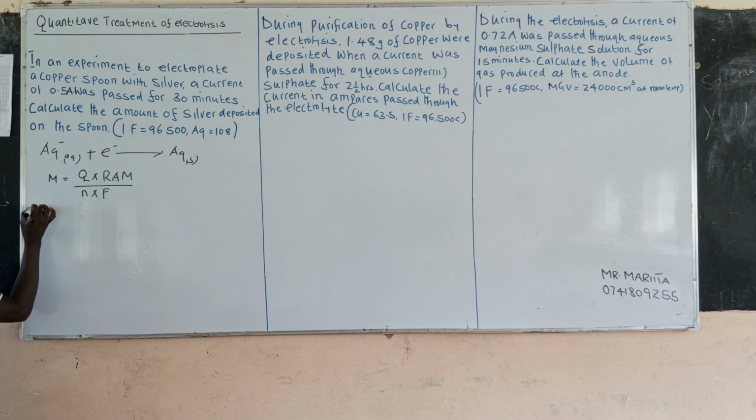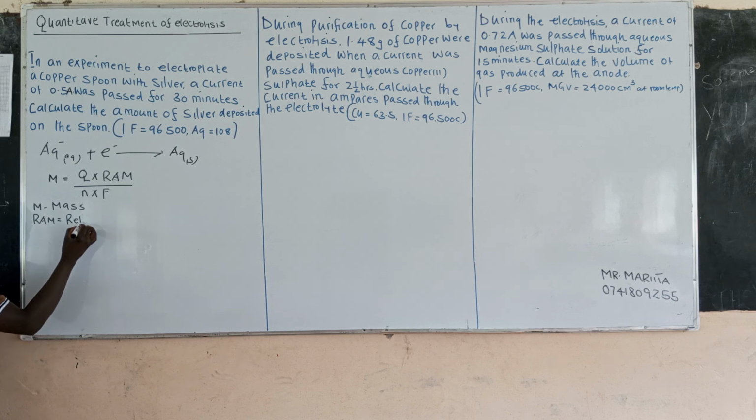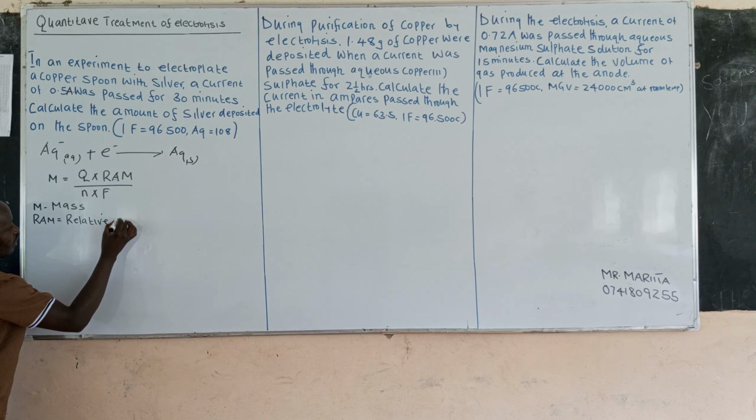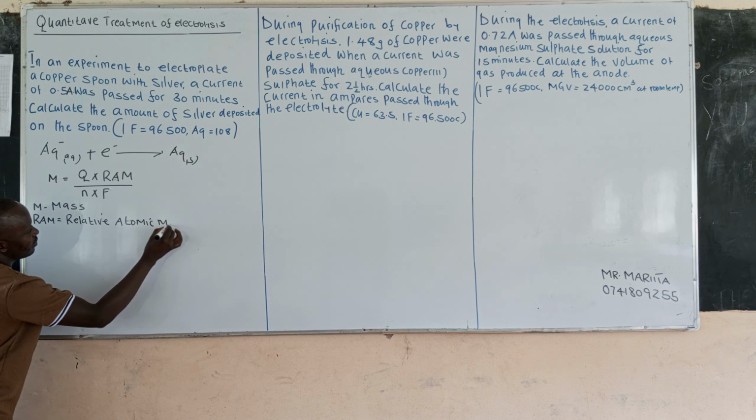So in this case M represents the mass, and RAM, as you know from Form 3, represents the relative atomic mass.